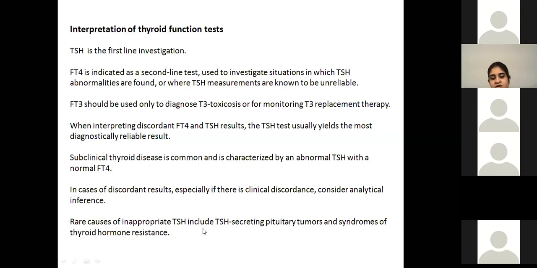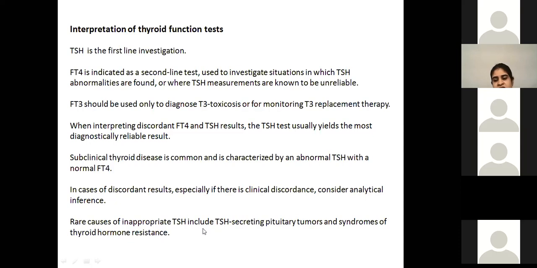Okay, so rare causes of inappropriate TSH include TSH secreting pituitary tumors and syndromes of thyroid hormone resistance. Like we discussed before, FT4 is the second line and is usually used in case TSH measurements are unreliable or abnormal.